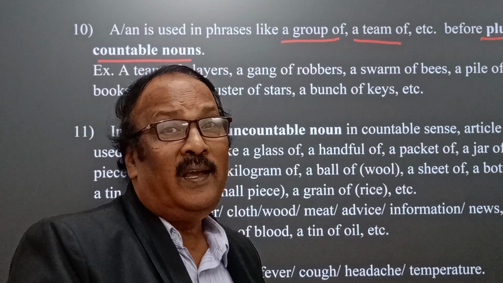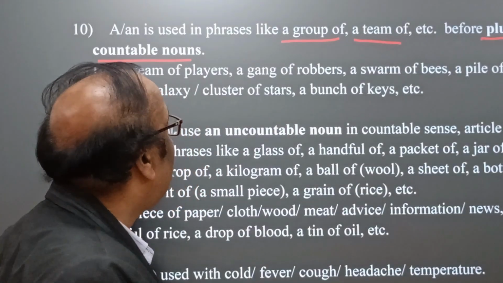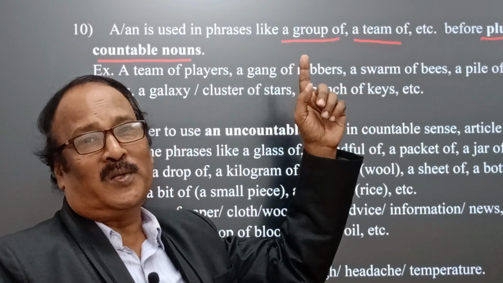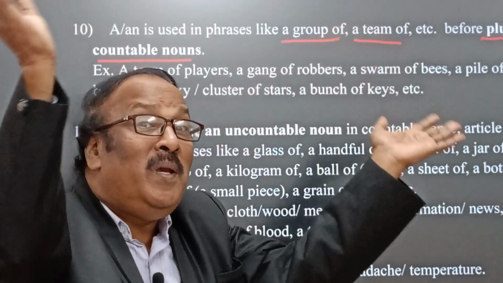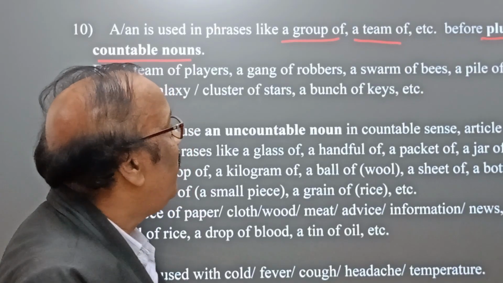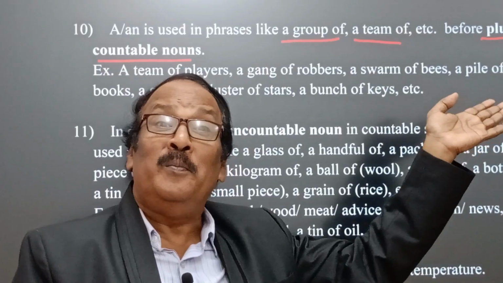We cannot say a players, but we can say a team of players. A gang of robbers. We cannot say a robbers, but we can say a gang of robbers. Robbers may be many, but the gang is one. Here we find a swarm of bees.